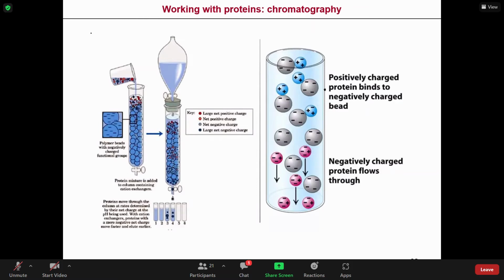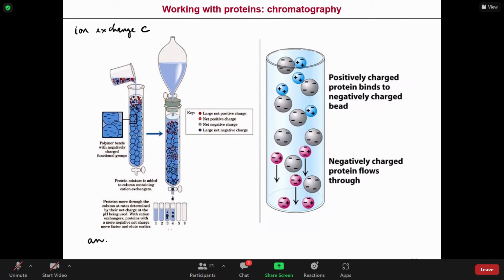After that, we have ion exchange chromatography. In ion exchange chromatography, you have 2 kinds of beads.